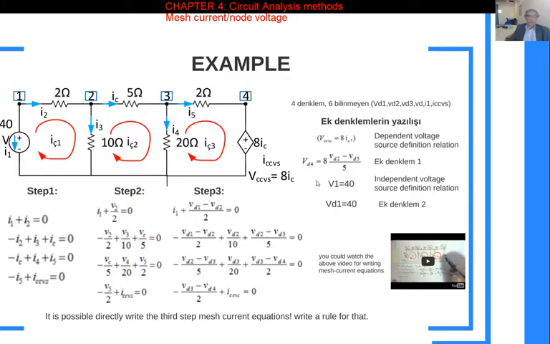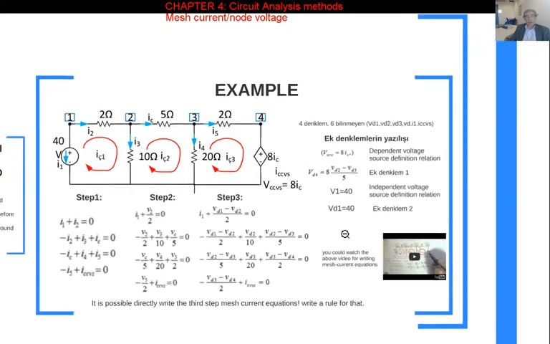That means V1, since the other terminal is connected to the ground, 40 is equal to VD1. So this is the second supplementary equation that I add on. If you consider these 4 equations plus supplementary 1 and supplementary 2, we've got 6 equations and 6 unknowns. We can calculate the node voltages from here.